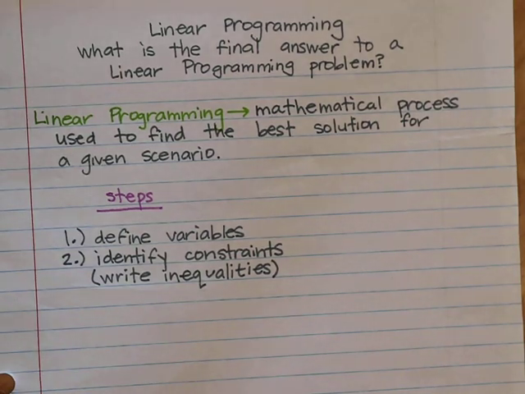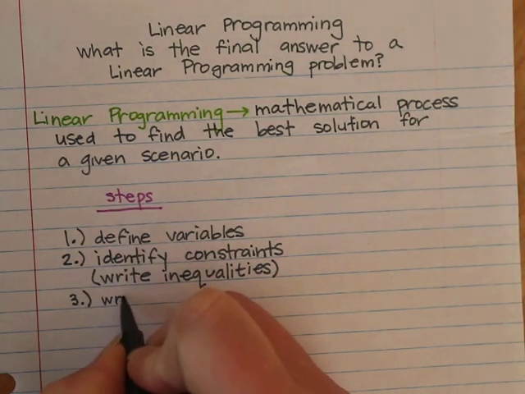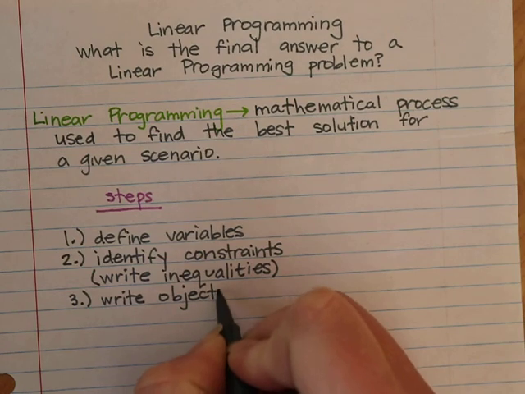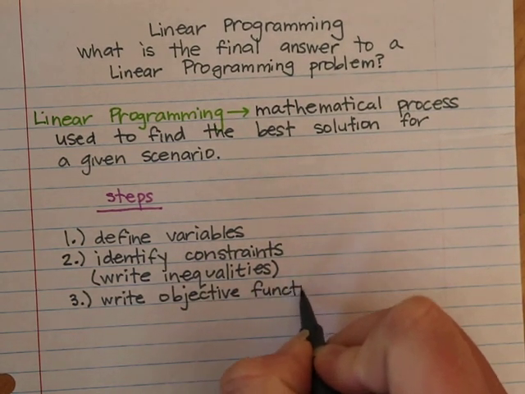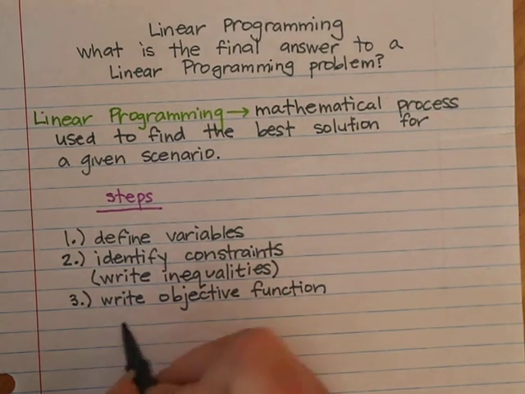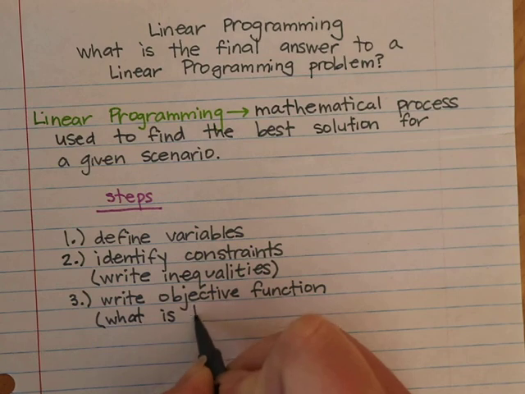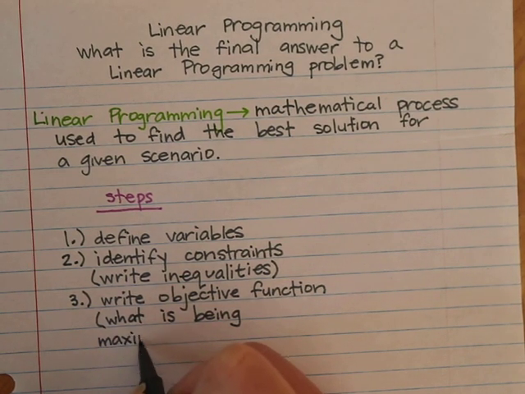Then we are going to write an objective function. The objective function, also known as maybe the profit function, is basically what is being maximized or minimized.